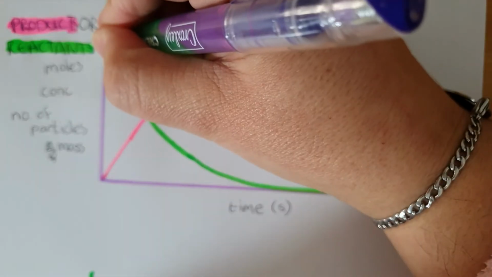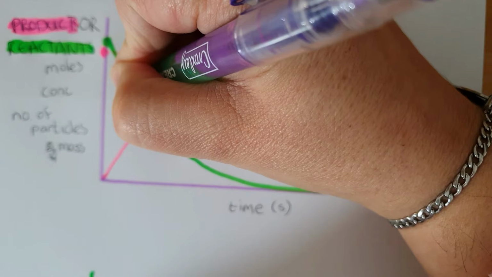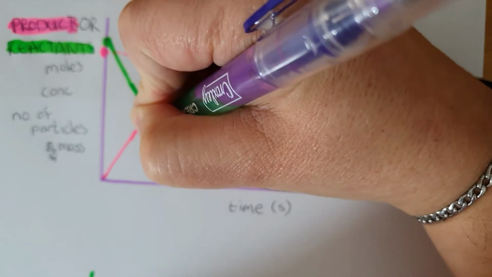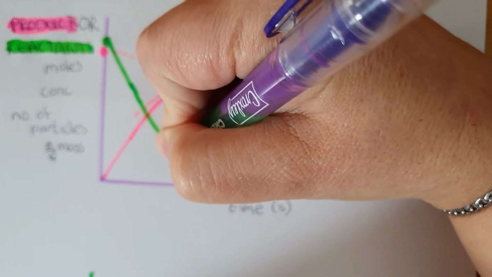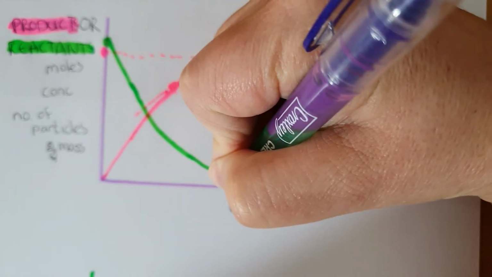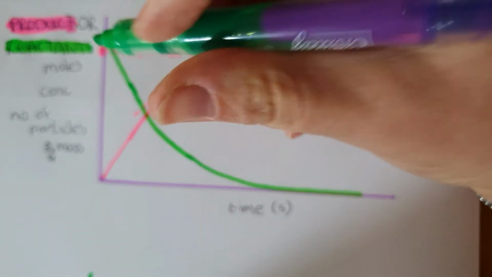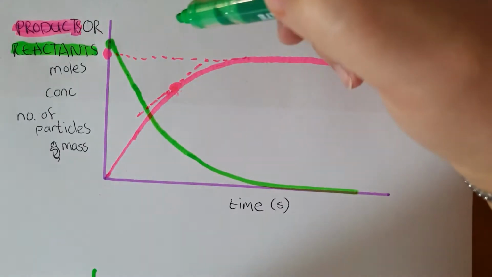And now you can see how the gradient goes from quite steep, so high reaction rate, and it's losing gradient. The gradient's decreasing, and so the reaction rate is slowing down. Why? Because the concentration of the reactants is decreasing.